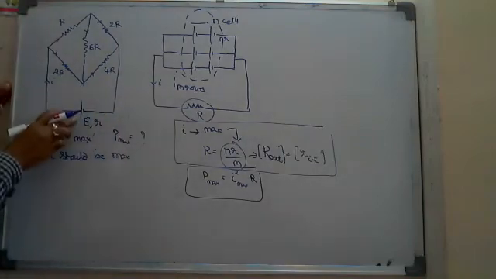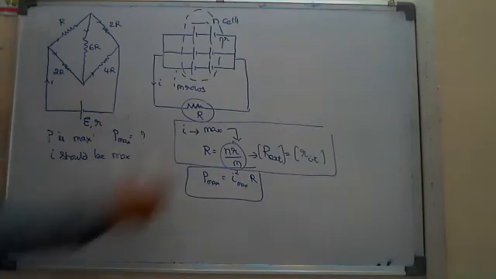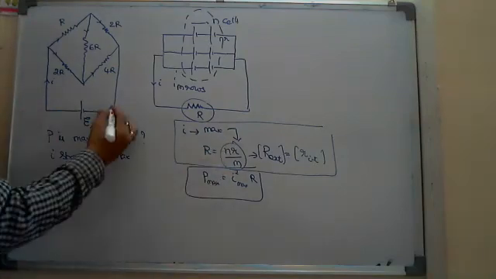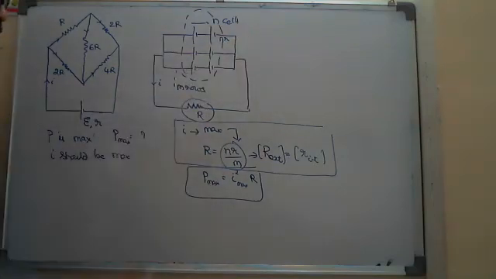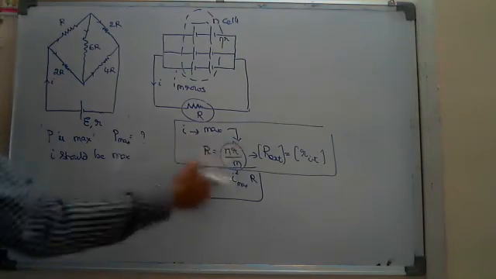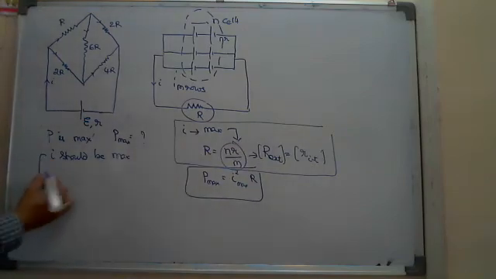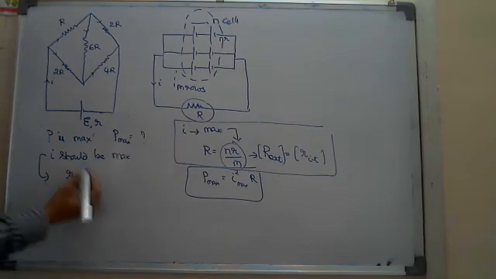Here I took only one cell, so total internal resistance is R only, not NR by M. One row, one cell in a row, means N is equal to 1, M is equal to 1. That's why the total internal resistance is R. So I should be maximum when the total internal resistance equals the total external.